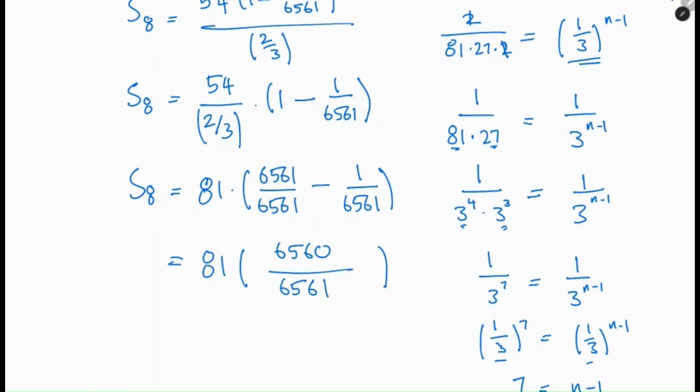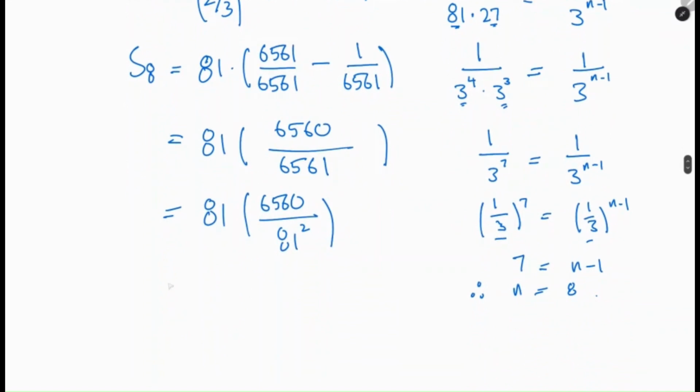Now, as it turns out, 81 squared is 6561. So 6561 is equal to 81 squared. So we can cancel out one of these 81s, and that becomes like that, and then this is our final answer.